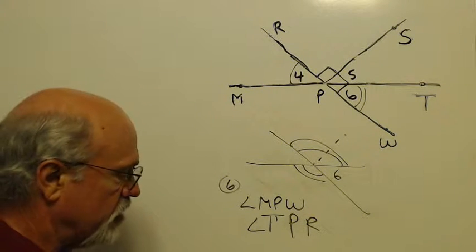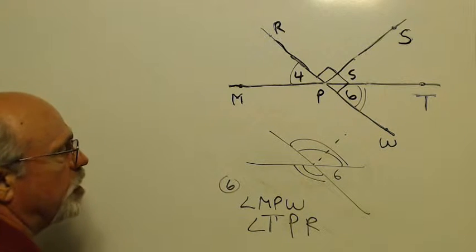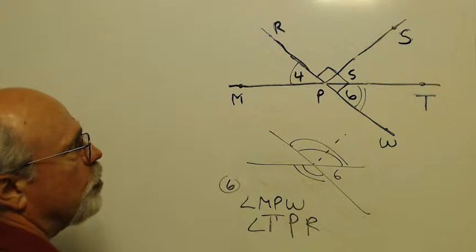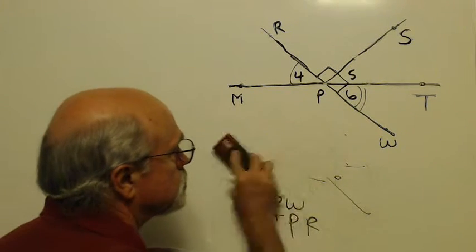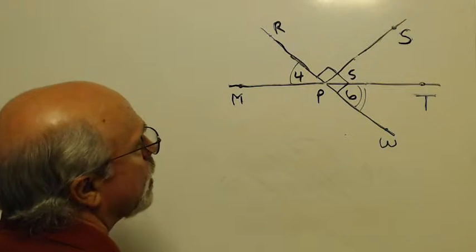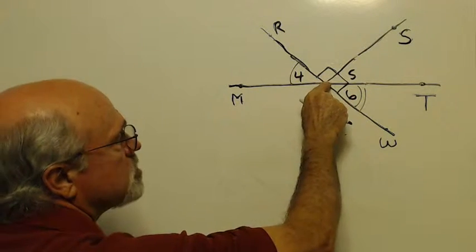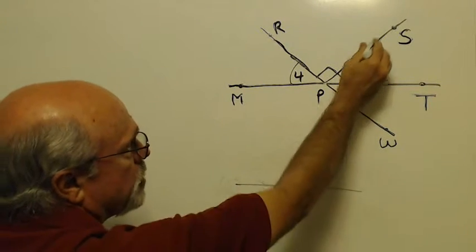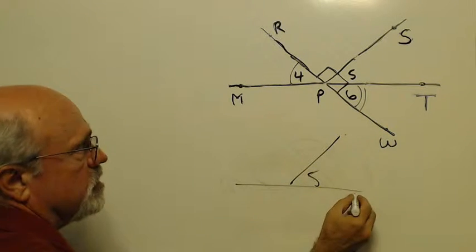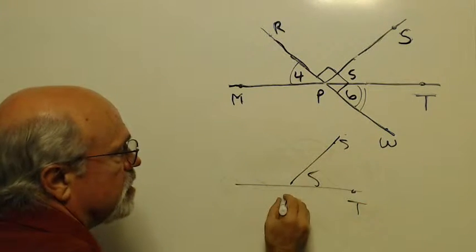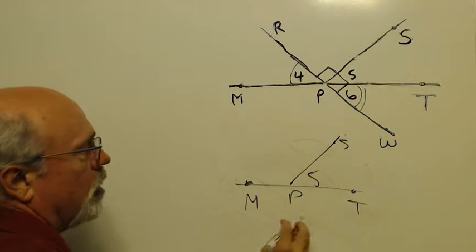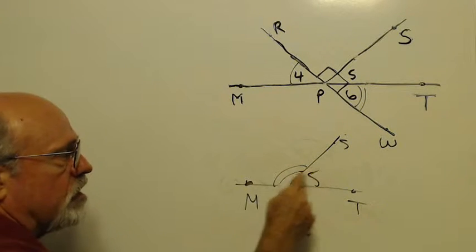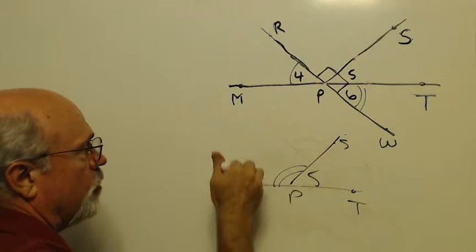Okay, problem number 7. Angle 5 and what angle add up to 180? Well, linear pairs add up to 180. So what we're asking for is what angle is a linear pair with angle 5? We're just asking the question a different way. Now notice this guy doesn't go across, so when I think about angle 5, it's here in the diagram, and there's the T, the S, the P, and over here you've got an M. Okay, it's this angle there along the straight line with angle 5 is angle SPM.